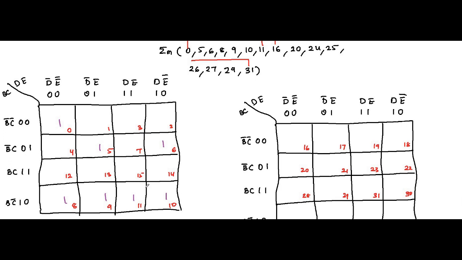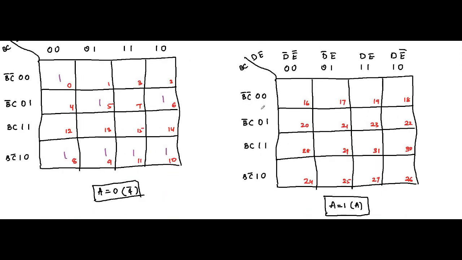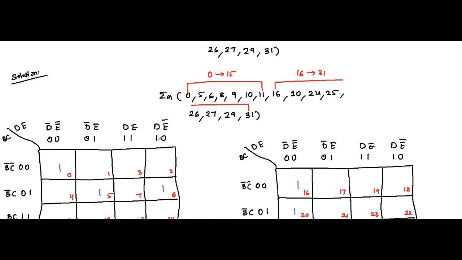This is the first part. Then we have 16, 20, 24, 25, then 26, 27, 29, 31. This is the mapping of the Minterm values here.